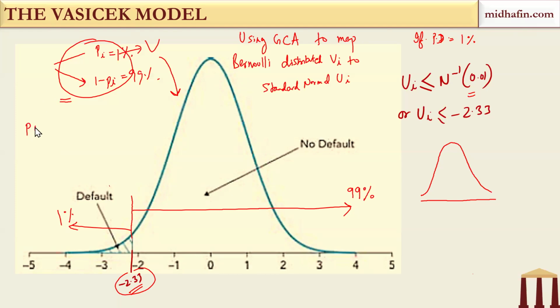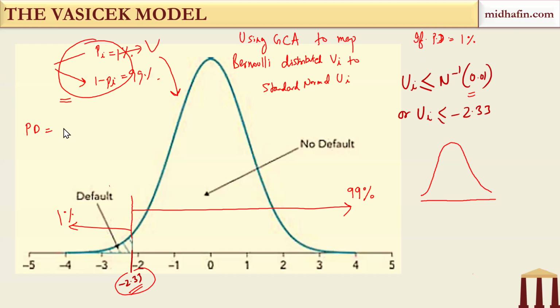Unconditional probability of default, PD, is equal to, suppose I consider two scenarios. There is stress in the economy where F is low, and there is no stress in the economy, F is normal and high sometimes.